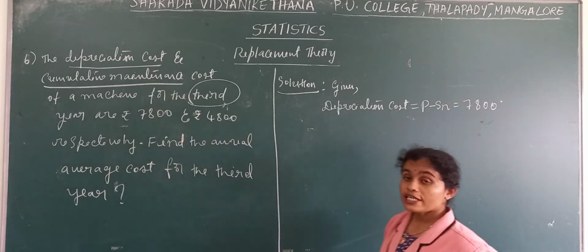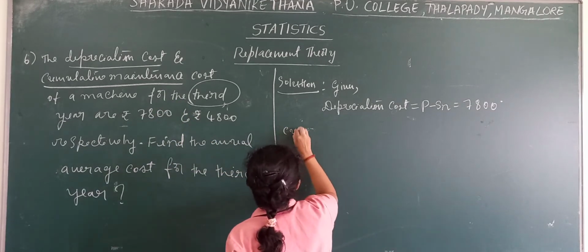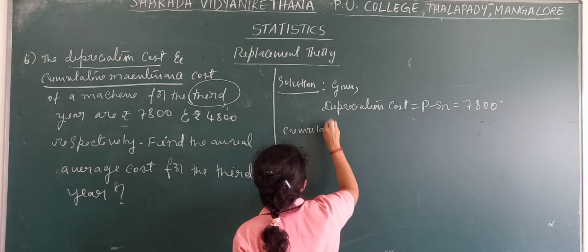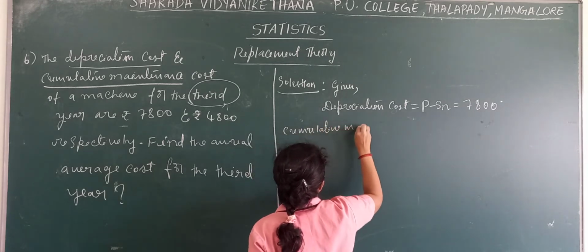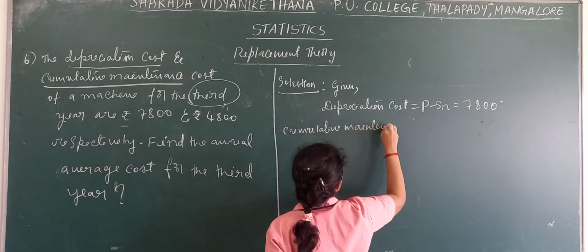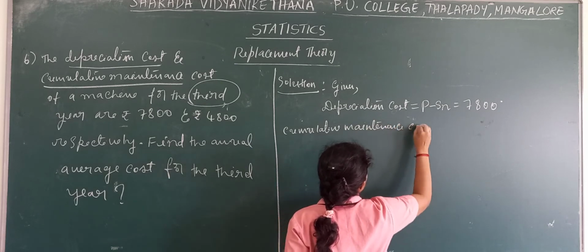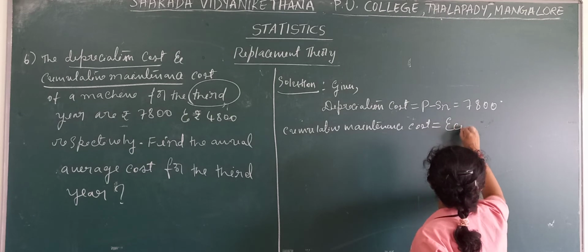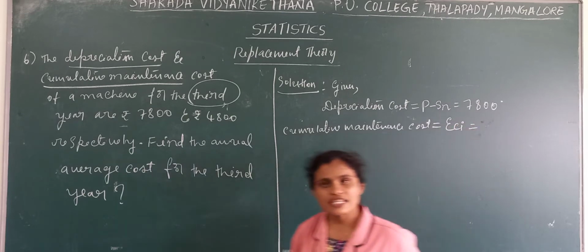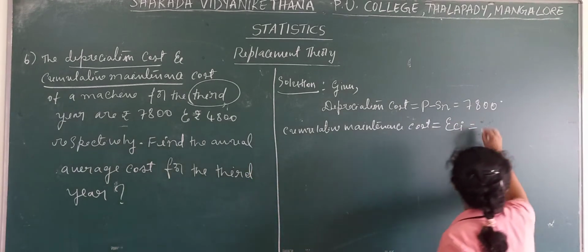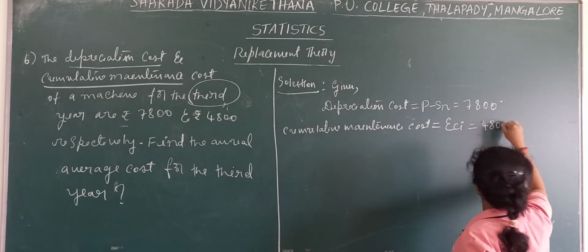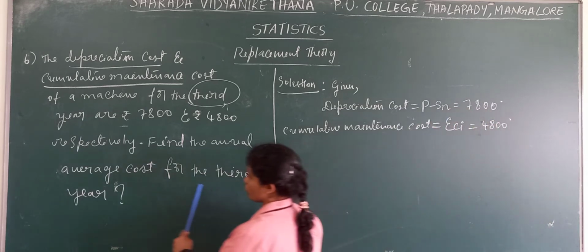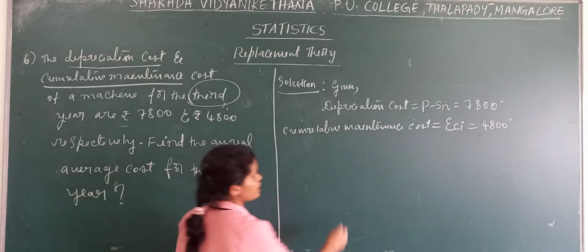Then cumulative maintenance cost. It is sigma Ci. That is 4,800. The year N is given there.